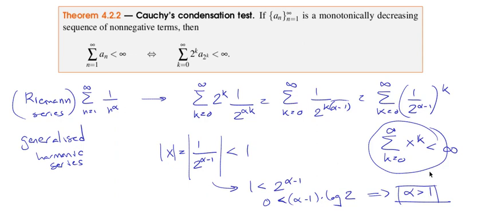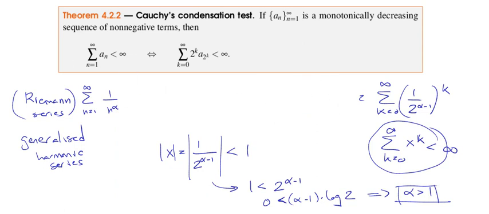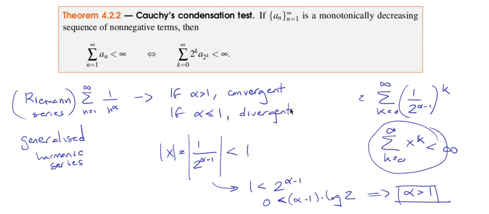So let me recapitulate here. What we have proven is that if alpha is greater than 1, then this series, the Riemann series, is convergent. If alpha is smaller or equal than 1, it will be divergent, just like the harmonic series, sorry, the geometric series.